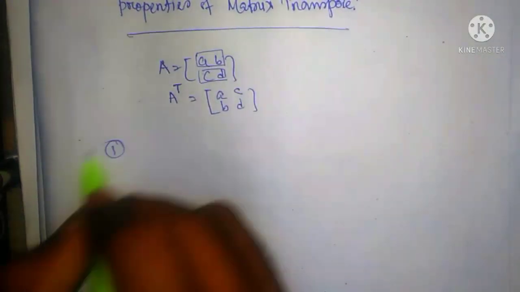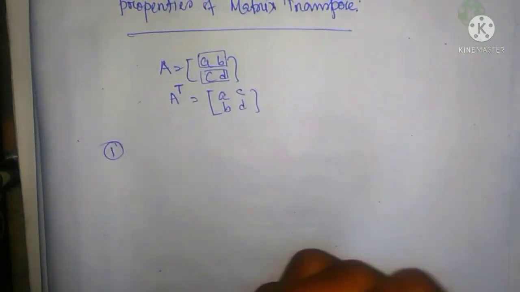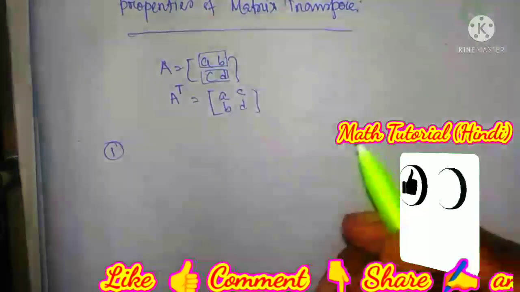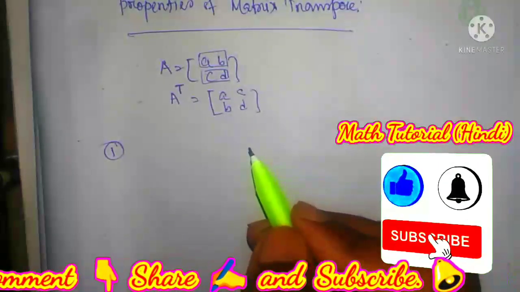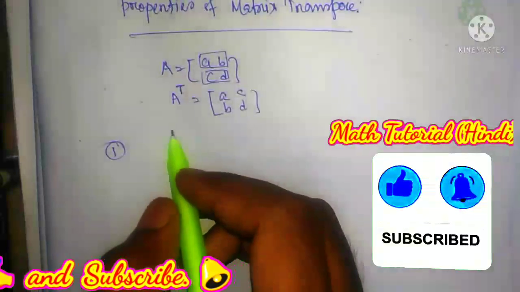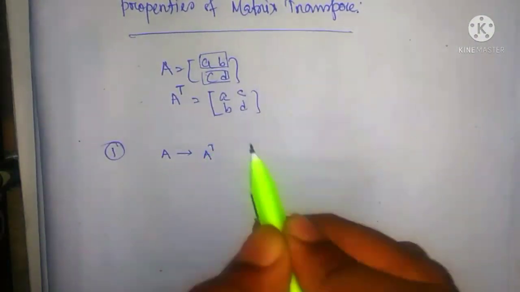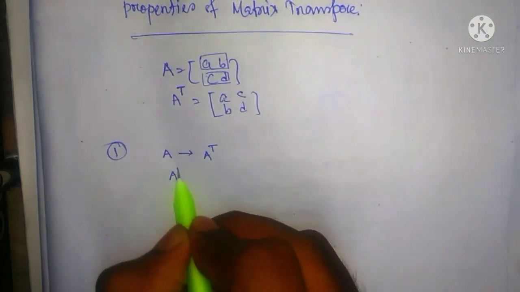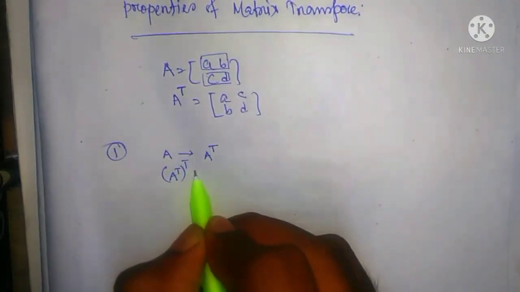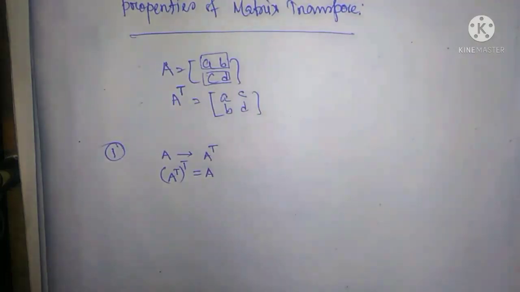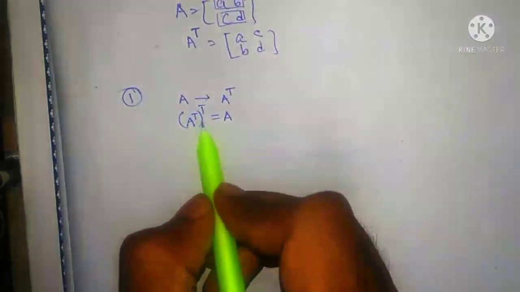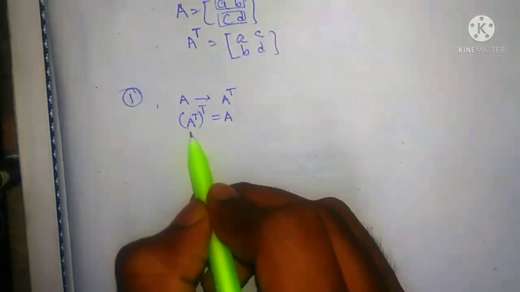So the first property is that the transpose of the transpose of a matrix is the matrix itself. So a matrix and its transpose is A T, and A transpose, that transpose, is equal to that particular matrix.